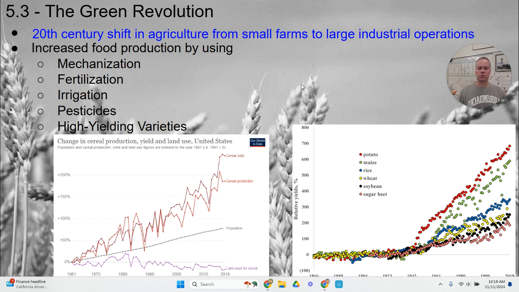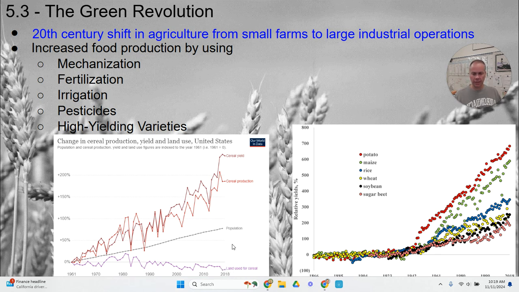And so we can see in these graphs some data about how crop production changed. This one on the left is in the United States. So this is 1960 to 2018. We can see the population change in the United States is here. We can see on this bottom graph the amount of land that was used to raise these crops actually declined in those 60 years or so.